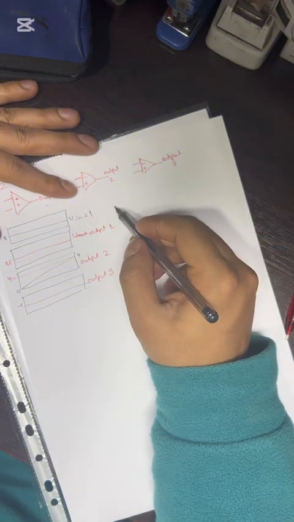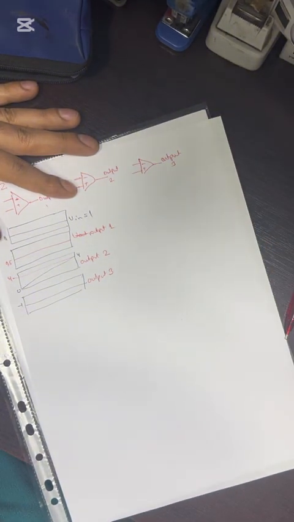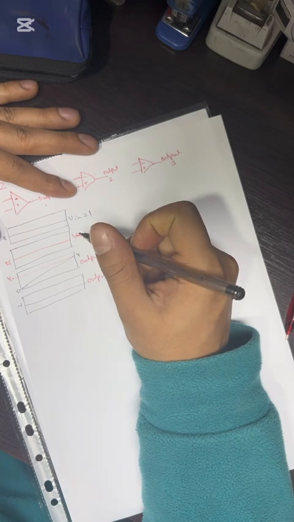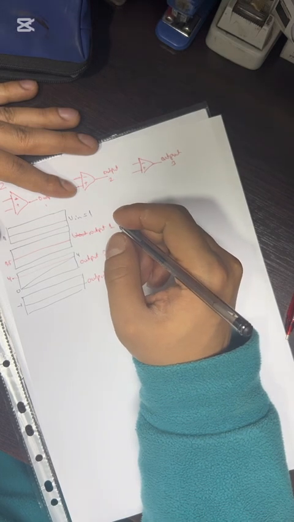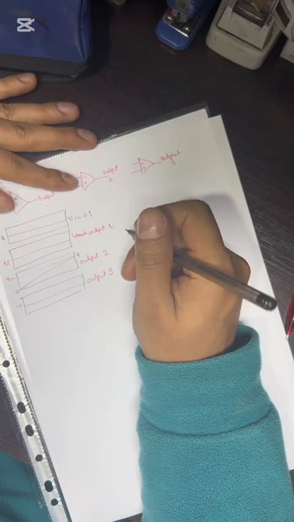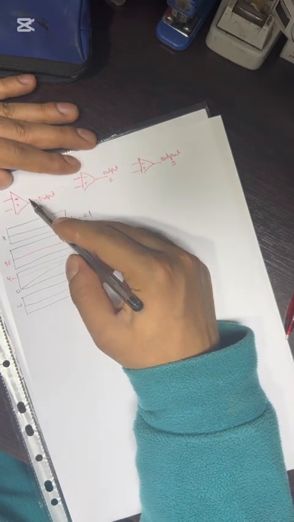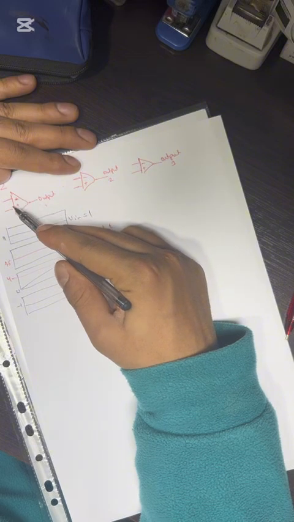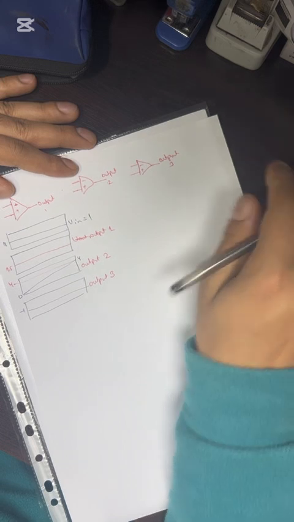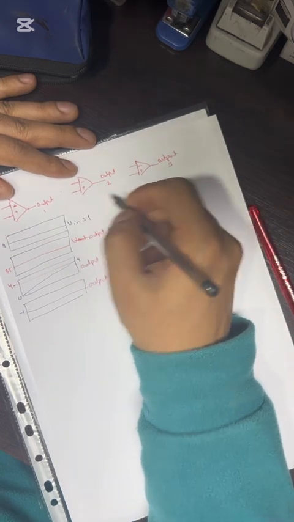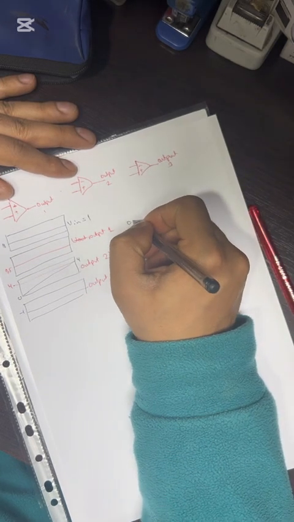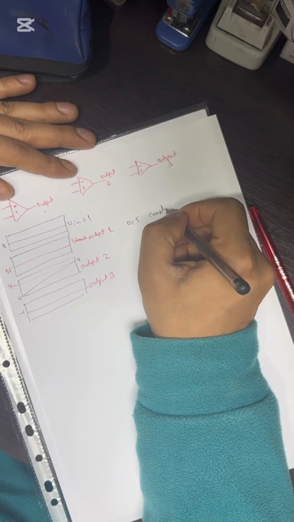So let's start with what we have here. At first we will find the Vouts. As we can see, these are connected in parallel with each other. So let's try to find the types of our operational amplifiers, which type each of these is. For the first one, its output is constant at 0.5, not changing.